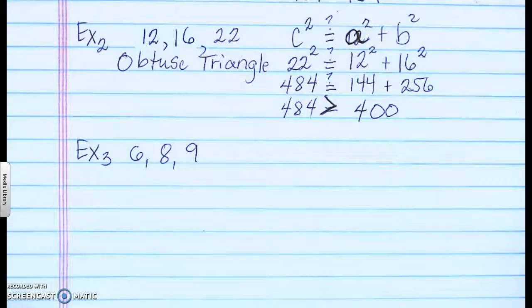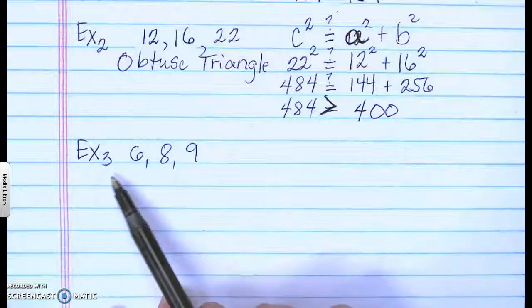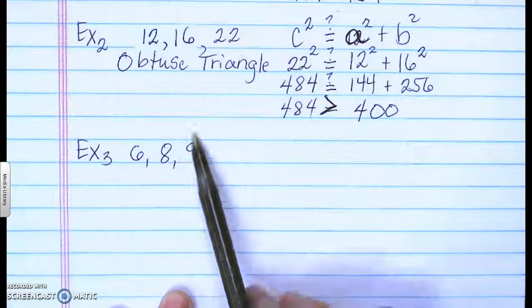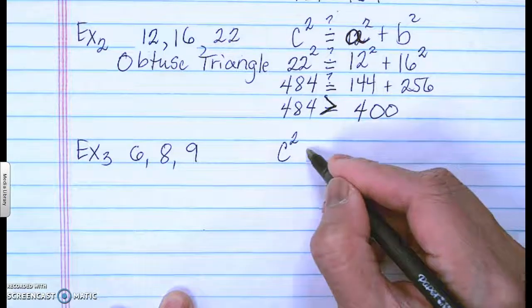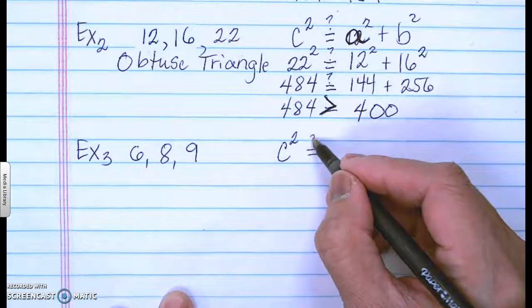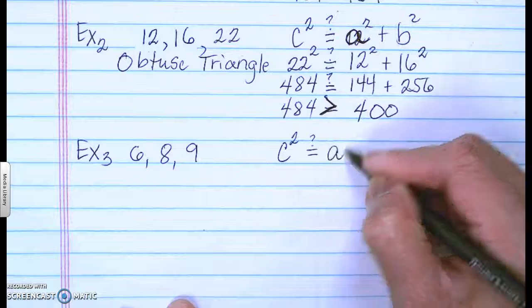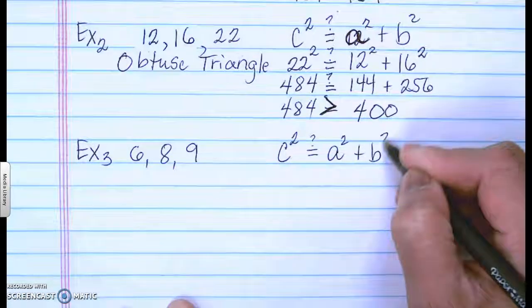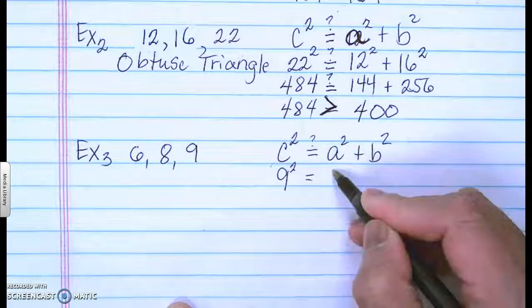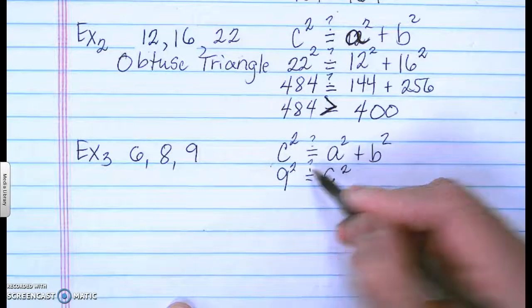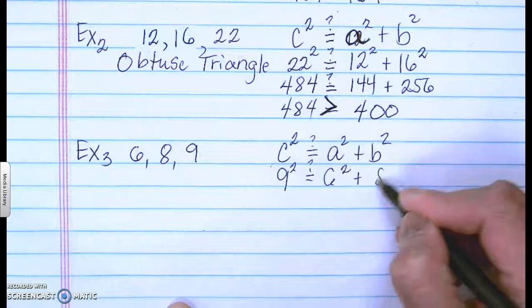Okay, example number 3. What if we have the sides 6, 8, and 9? We're going to assume that this is our c, so we're going to put c squared. This may or may not be an equal sign. So a squared plus b squared. This is 9 squared equals, question mark, 6 squared plus 8 squared.